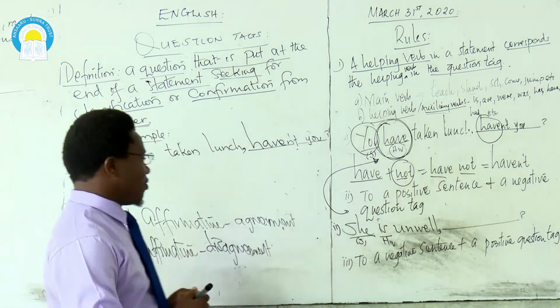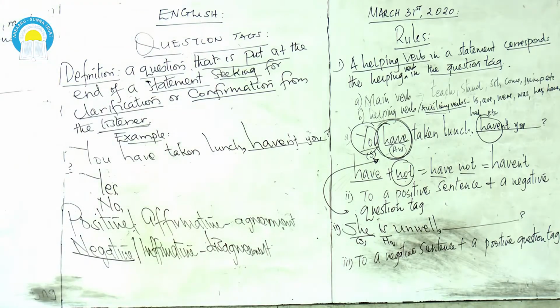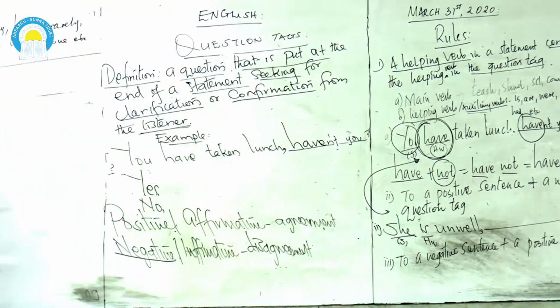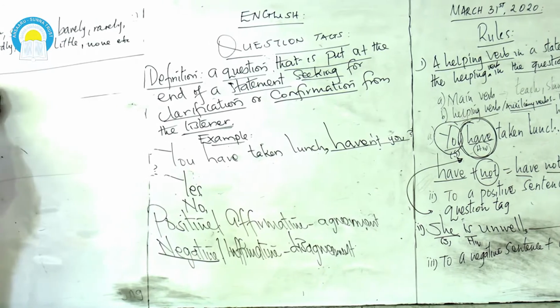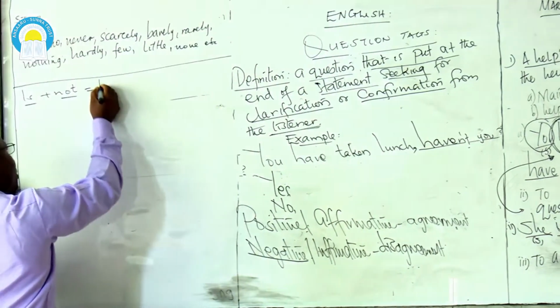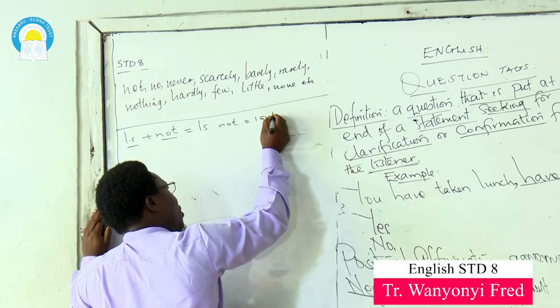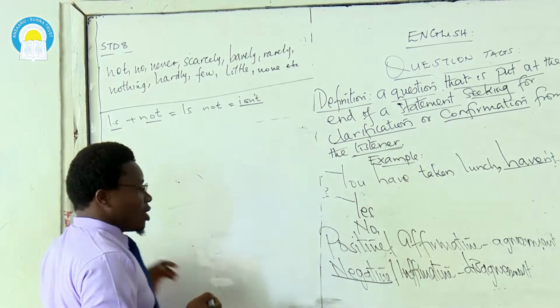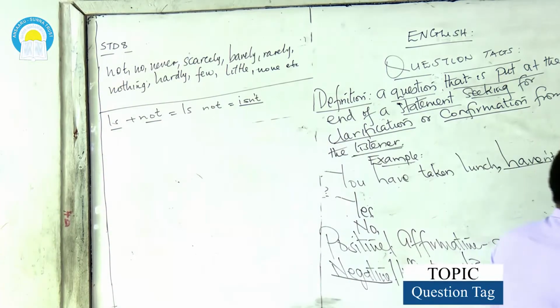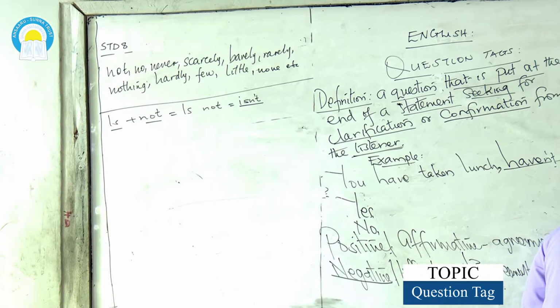Is is positive. The negative form of is is is plus not, is not. The short form of is not is isn't. So our question tag here shall be, isn't she?